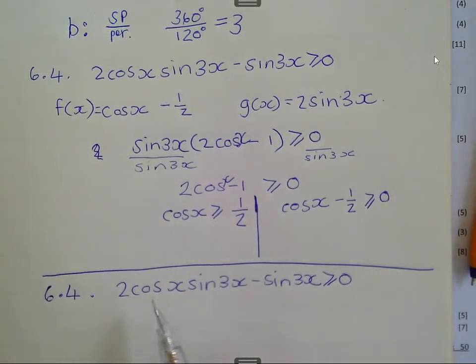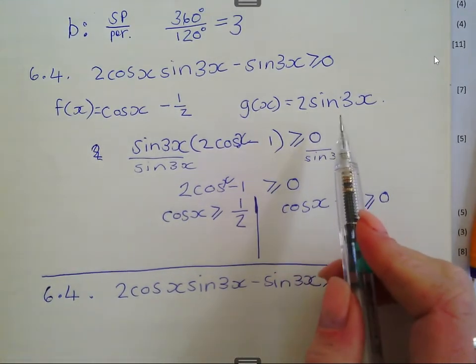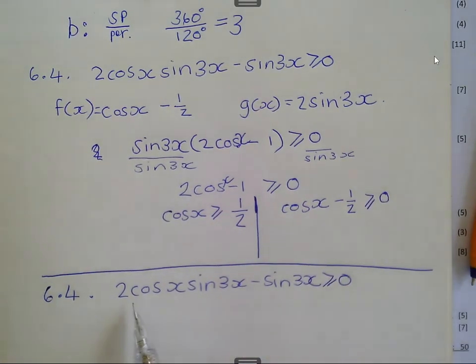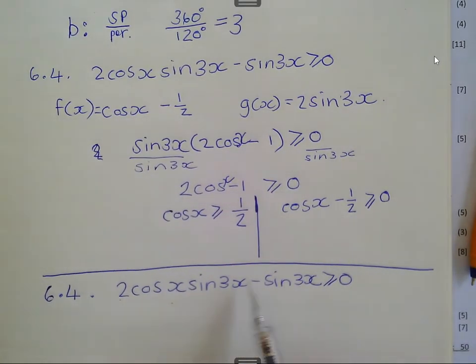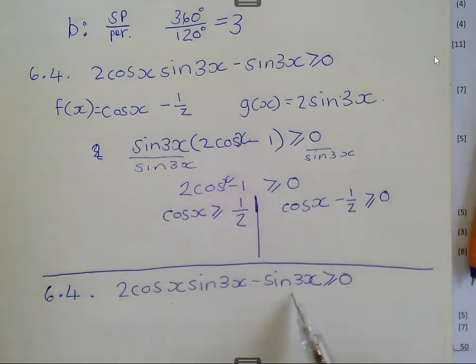If we consider that g of x function, trying to get 2 sin 3x, if I divide by cos x here, I would have 2 sin 3x. Do you agree with me? But if I divide by cos x here, I wouldn't be able to do anything.